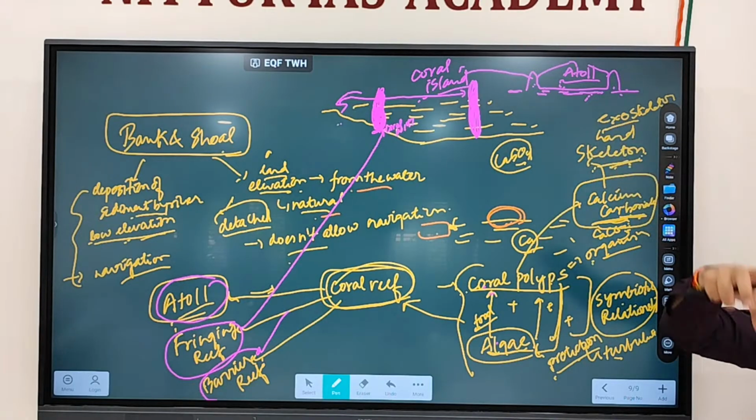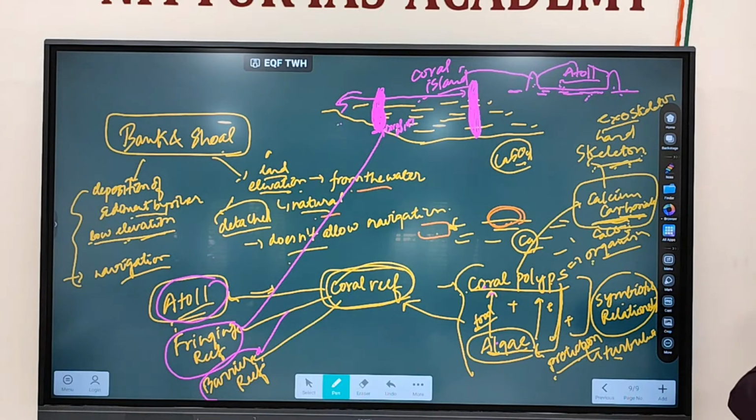When this skeleton comes out, it forms a hard area, and on this hard area population can live, humans can live, and this is how Lakshadweep has formed. So Lakshadweep is a coral island. Clear? So that's why you'll see this.